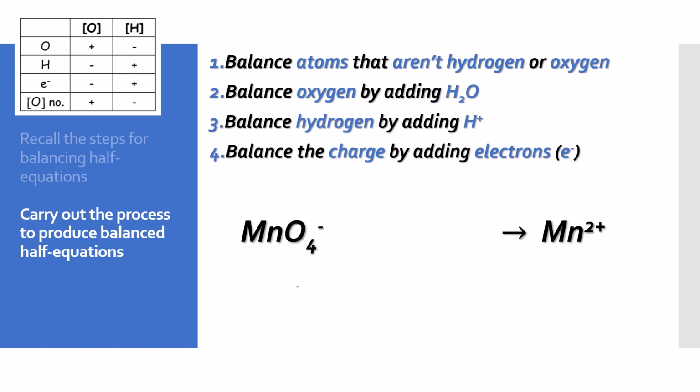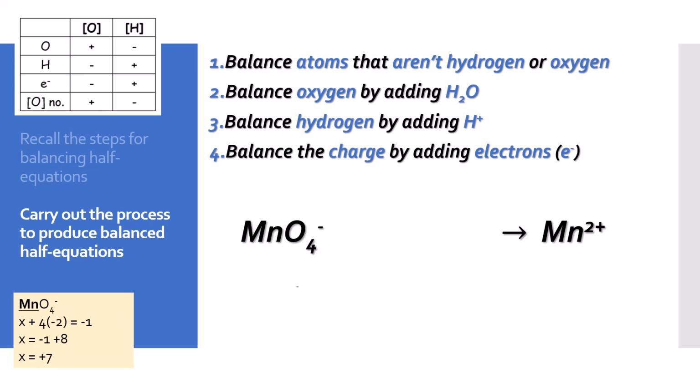In this case, how do we know whether this is an oxidation or reduction half equation? The easiest way to find out is checking their oxidation number. So I'm going to start by finding the oxidation number of manganese.